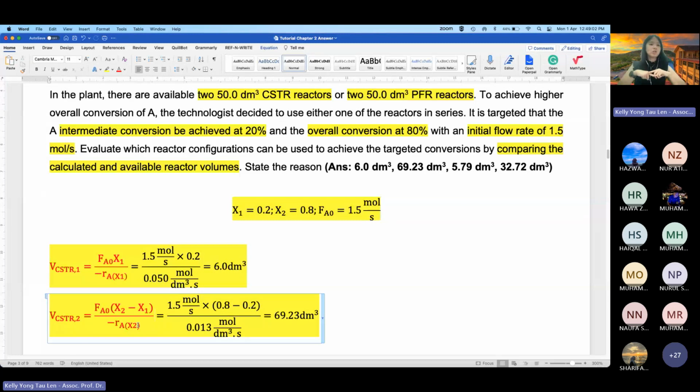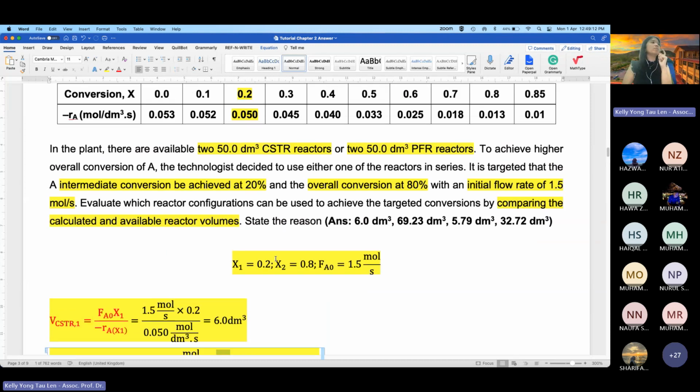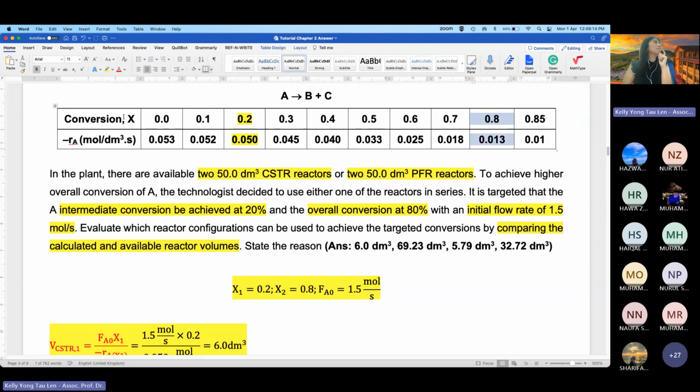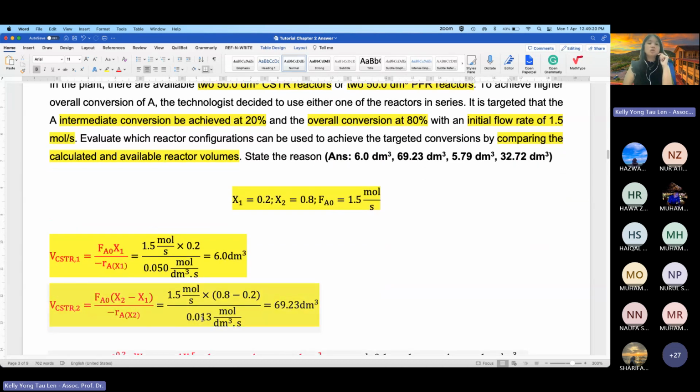That's why our conversion will continuously increase. So FA naught is 1.5. X2 is 0.8, X1 is 0.2, and when my X is 0.8, my minus RA is 0.013 from the table.